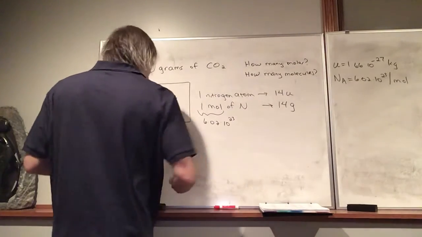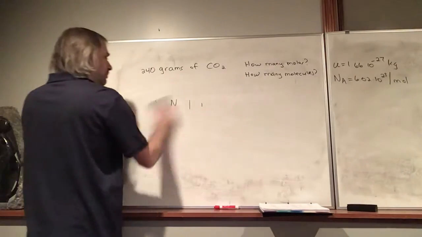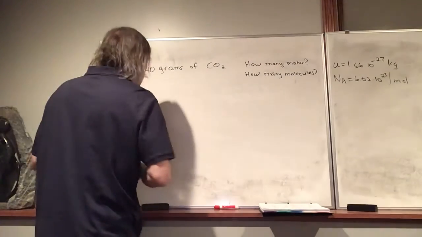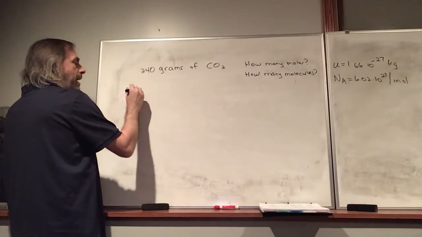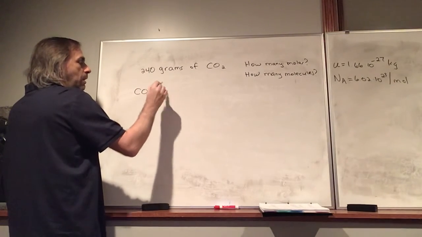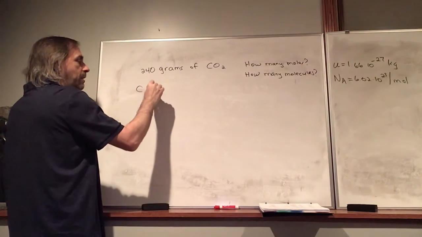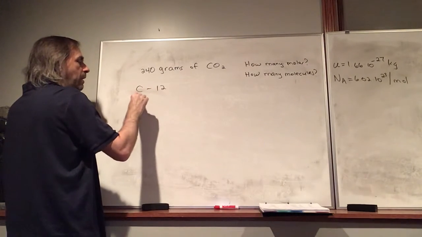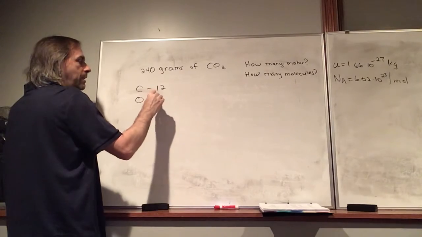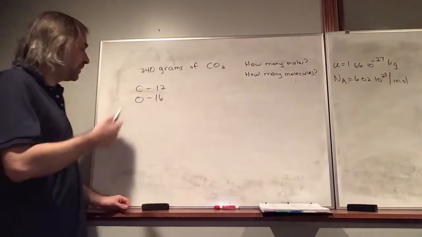So, let's come back to this question of carbon dioxide. So we have 240 grams. Let's start with CO2. Again, carbon, I already did this, but I erased it. That'd be 12. Oxygen is 16. And again, you look these up in a periodic table.